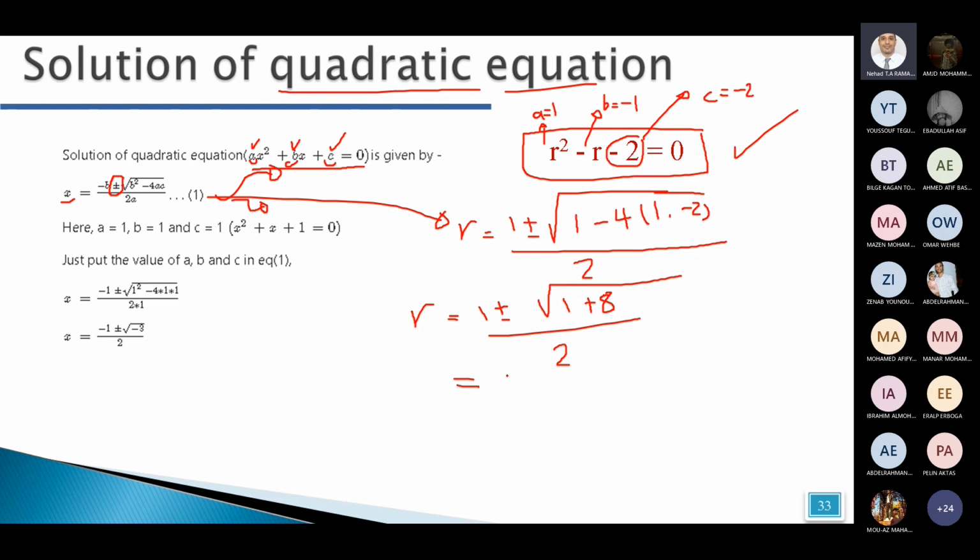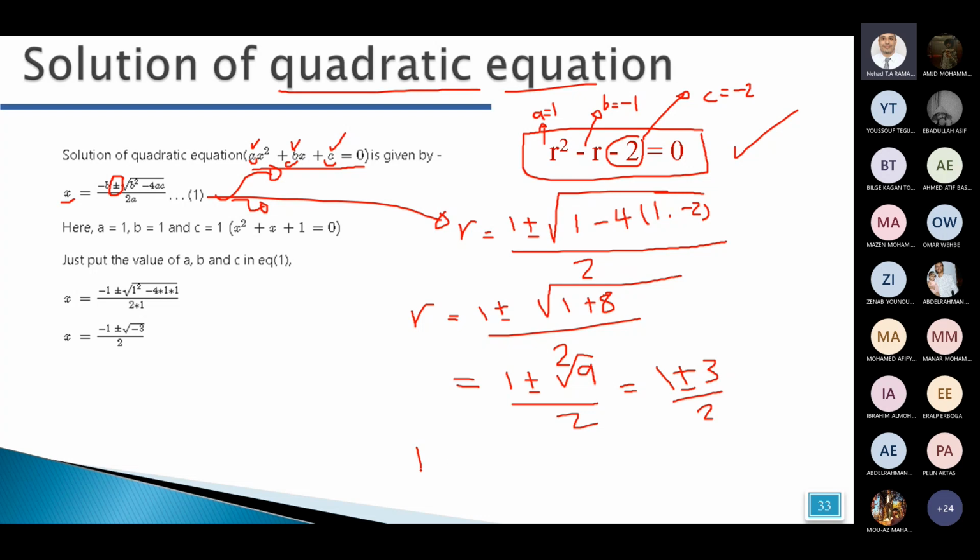So it equals 1 plus or minus the root of 9, divided by 2. The root of 9 is 3, because 3 power 2 is 9.